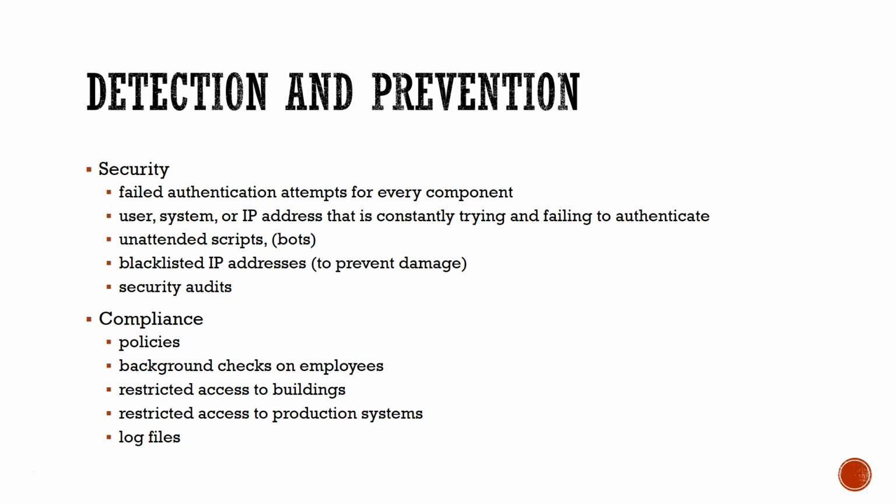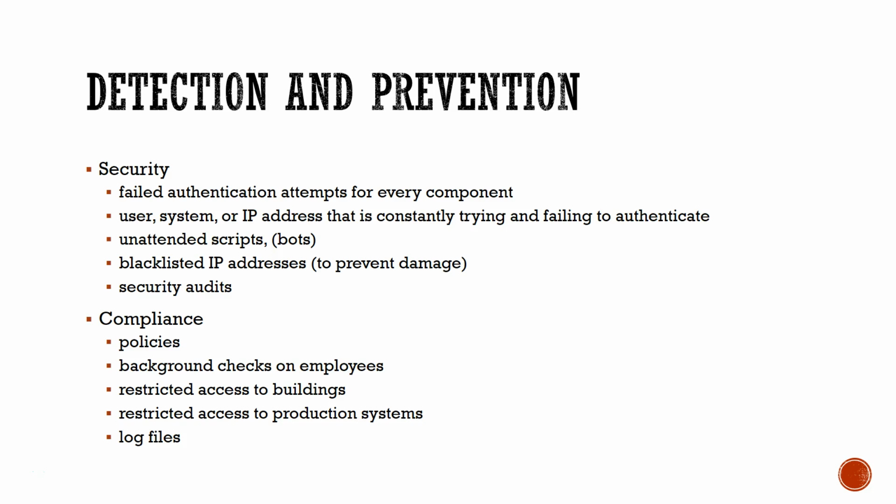The user, the system, or an IP address that's constantly failing to authenticate probably should be blacklisted and blocked. Any unattended scripts or bots should be detected and destroyed. Sometimes in routers there are programs that can detect if somebody's trying to run an .exe or an executable file, and will kill that file and prevent it from executing.